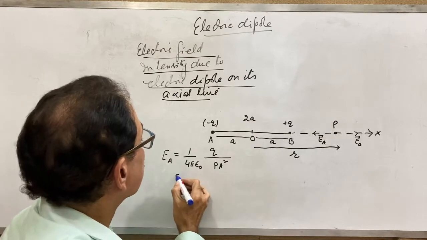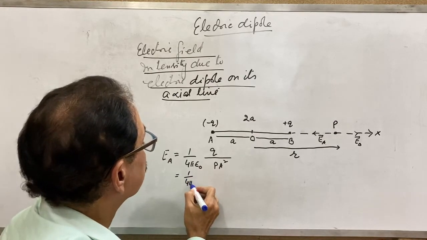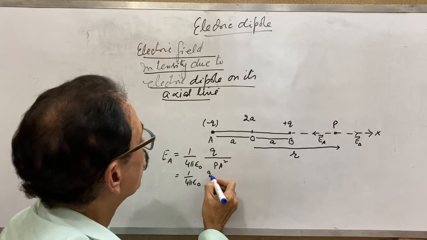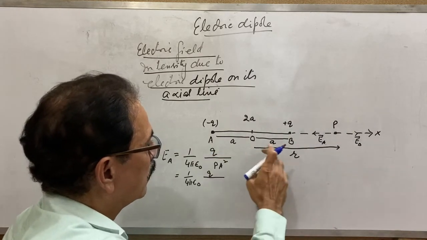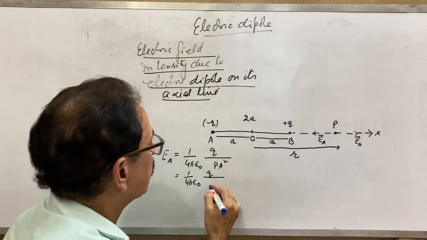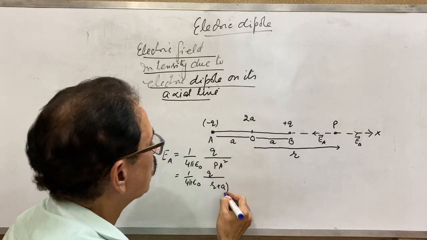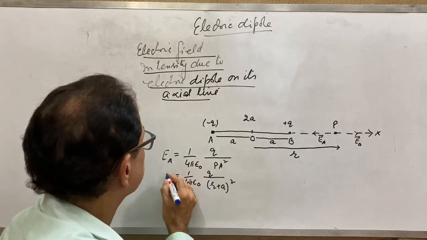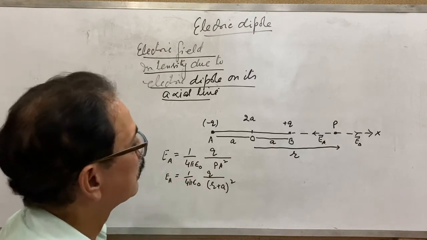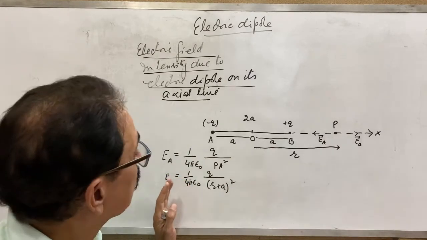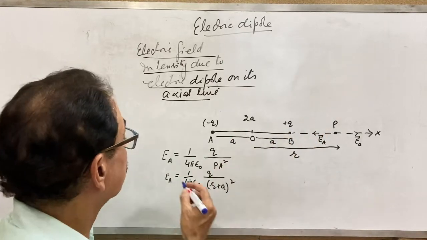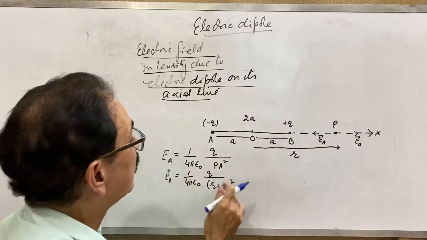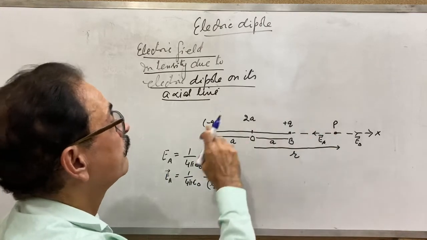Or I will write this as 1/4πε₀ q upon (r plus a) whole square. This is the magnitude. And its direction, if we write it in terms of vector, what will be the direction here? It will be along PA.